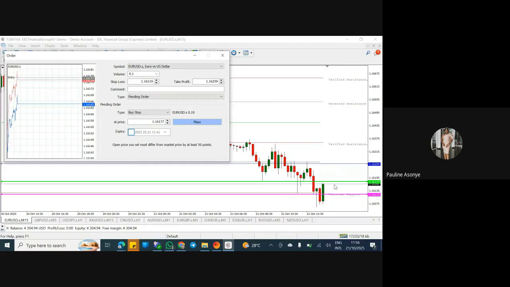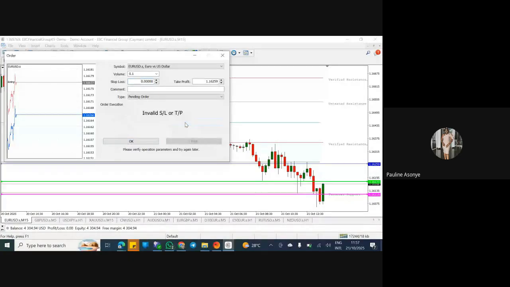So you just do what? Modify some things. I think if we take out our stop loss, let's see. If we take out our stop loss and leave our TP, I think that will be fine. There is no stop loss again now.